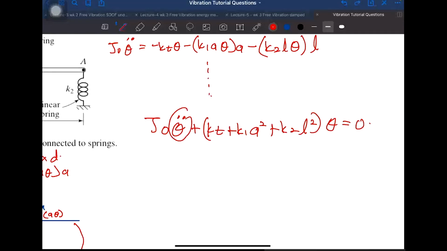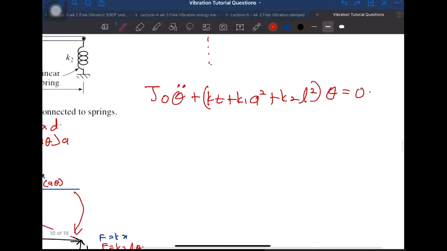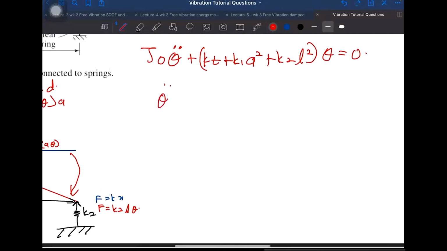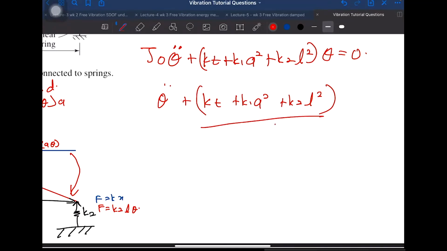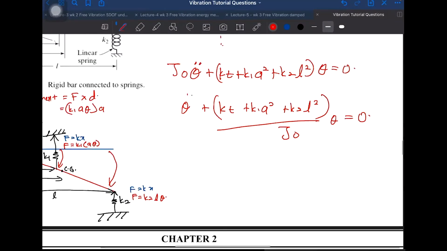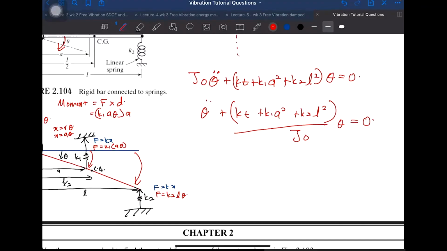So you have to multiply everything by J naught, and you'll get it like this, and this is the answer for your EOM.